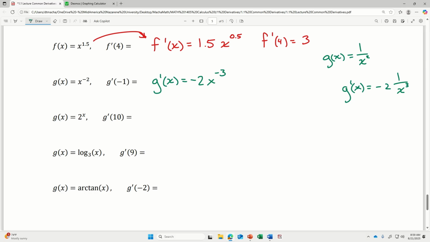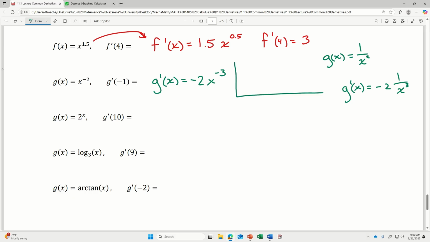But you understand it's the same thing. 1 over x squared is the same thing as x to the negative 2 power. And then negative 2x to the negative 3 power is the same thing as negative 2 times 1 over x to the third. Okay.